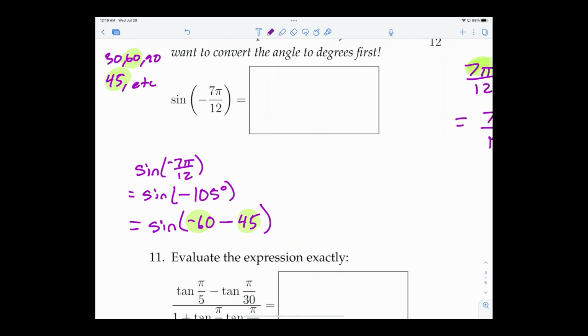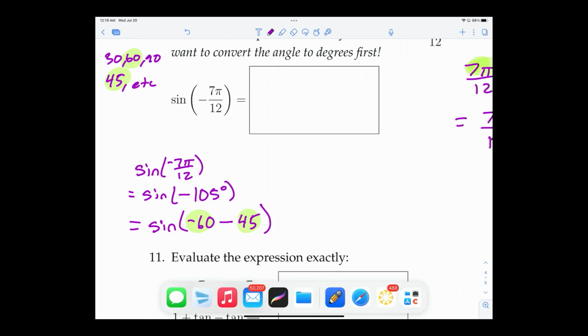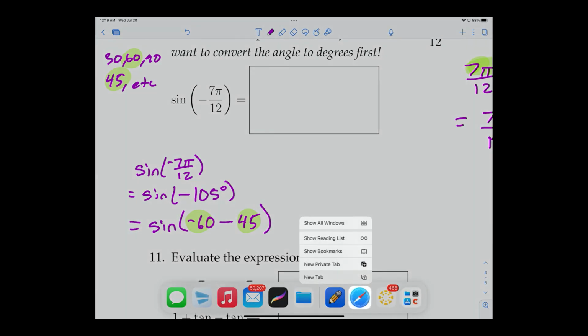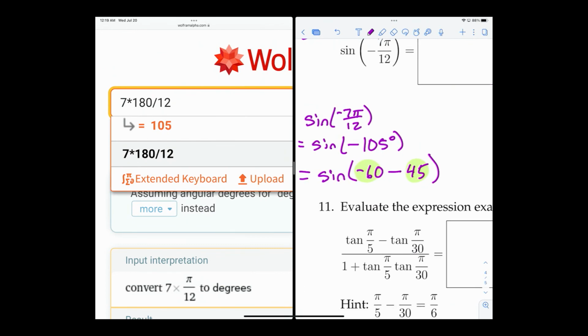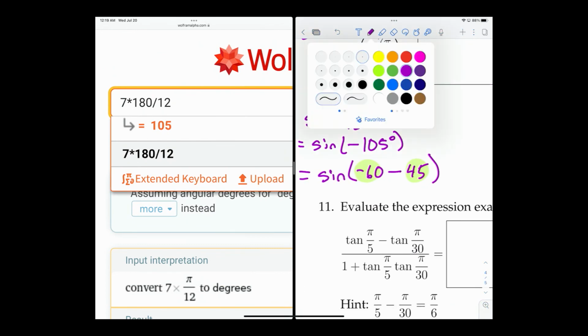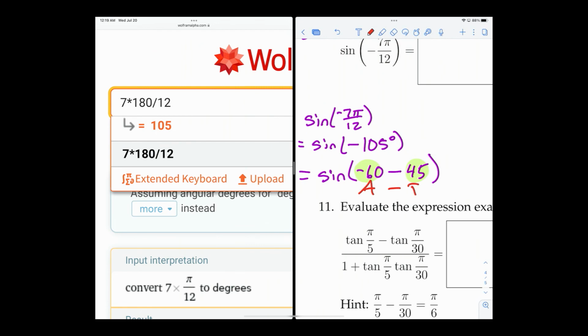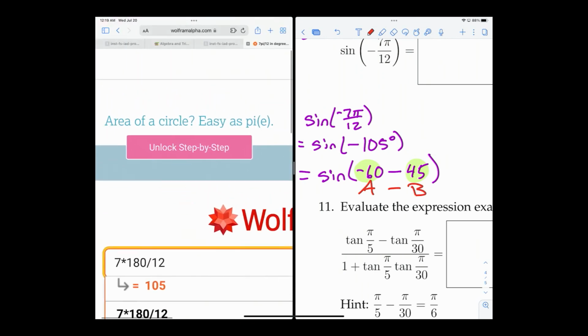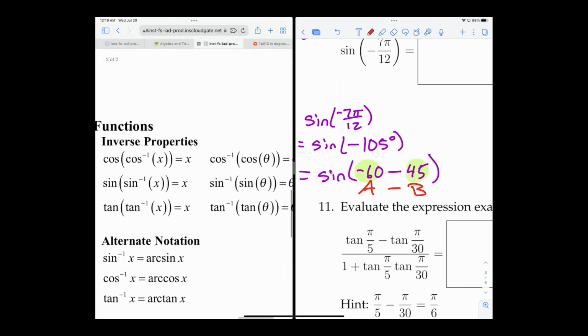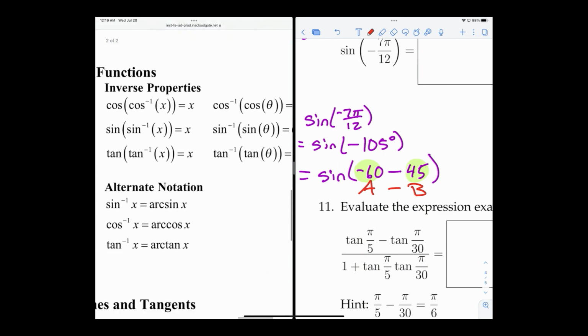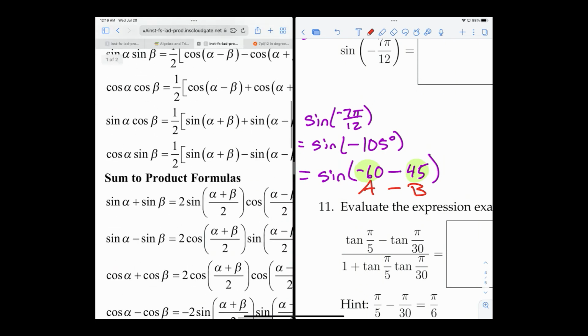And then we can use an identity. What identity? Well, we have sine of A minus B. And we can go to our identities, which are somewhere. So sine A minus B. Where are you?